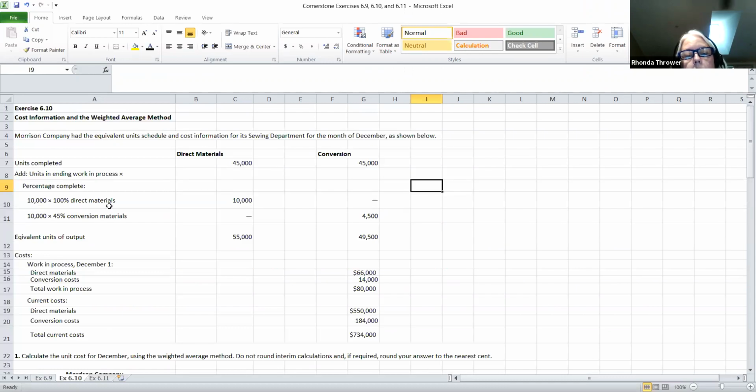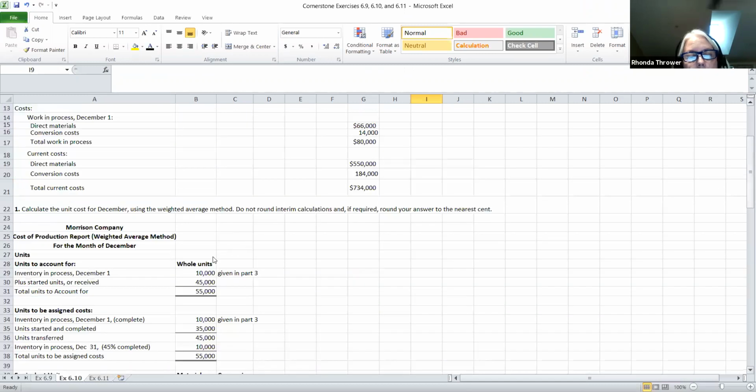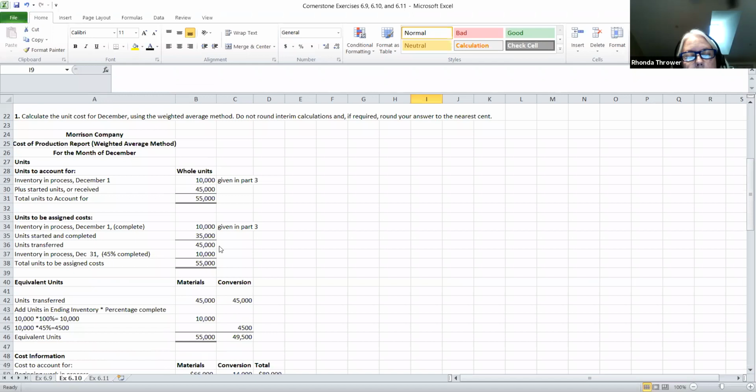Notice 10,000 was complete with respect to materials, but 10,000 was not complete with respect to conversion. But these are your ending inventory units, and this is the whole units that I plugged in right here. So if you know units transferred and you know the ending inventory units, you add the two of them together, and that gives you 55,000, which is your total units to be assigned cost.